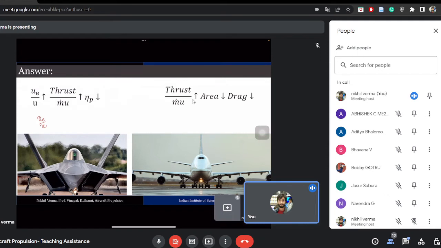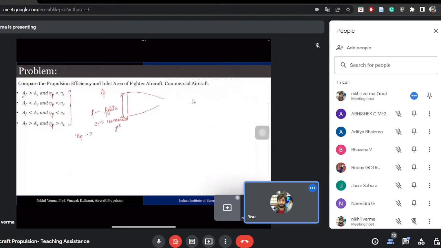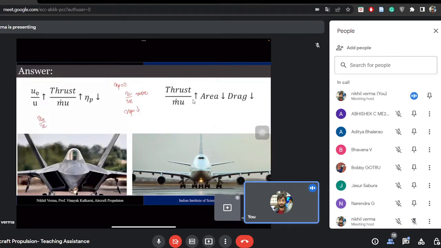So propulsion efficiency goes as if the difference between the U by UE is more, therefore the propulsion efficiency will be less as given in this plot. As the difference between U by UE is more, the propulsion efficiency will be less from this curve. So, for a fighter jet, the U by UE is comparable. So, it's not comparable. Sorry.